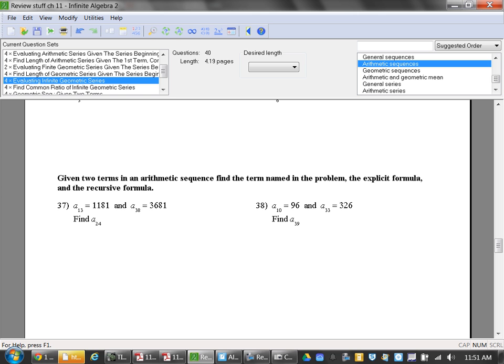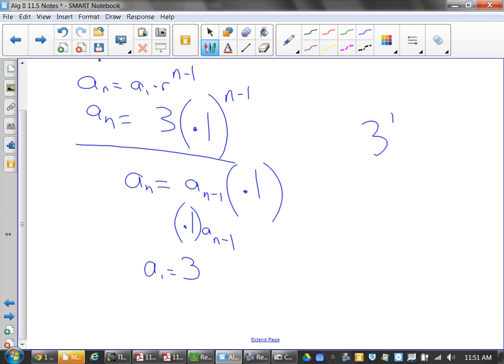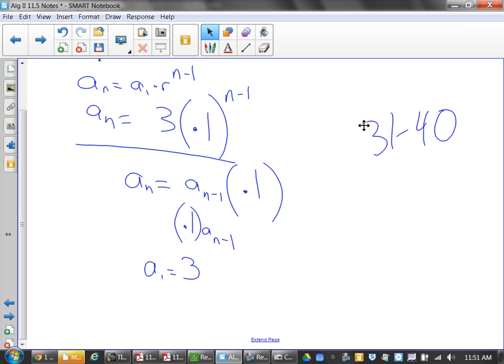Start on 31. I want you to do 31 through 40. If you have time or you're really bored or if you've got a bus ride somewhere and you want to start working on the other stuff, it's all there. Also, the answers are on the back. Okay? So you should be able to check yourself, make sure you got it right. Make sure you read it carefully. There's a couple parts to these problems. It shouldn't be that bad. This is a good review for a lot of the other things.